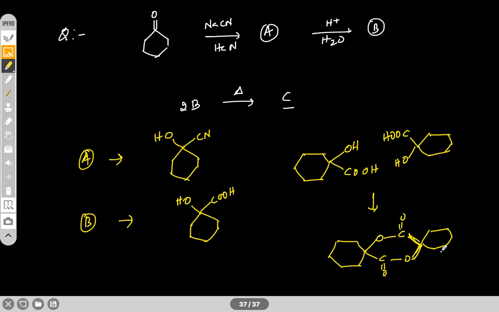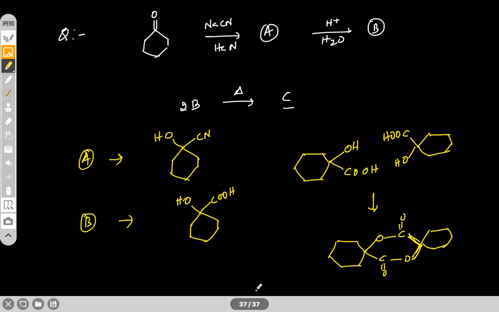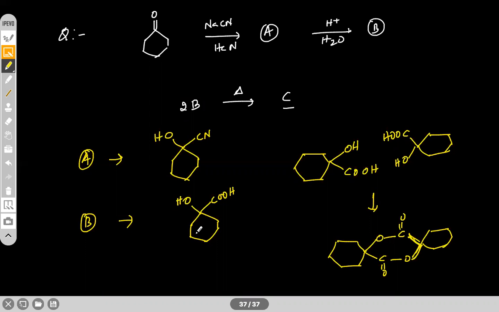Cyanohydrin on reduction gives amines, 1 degree amines.